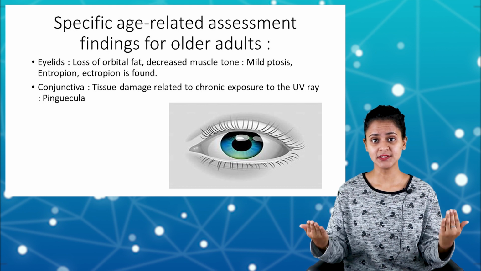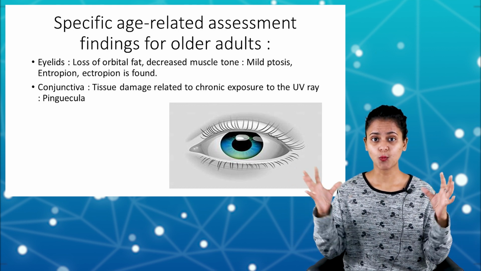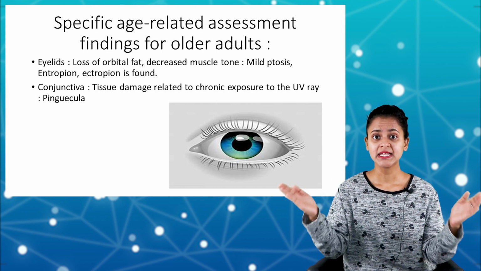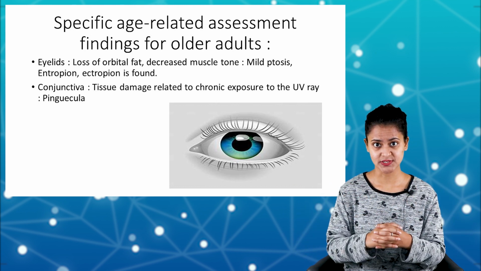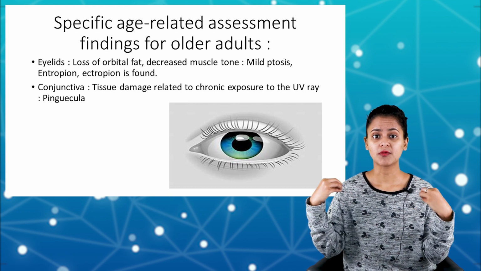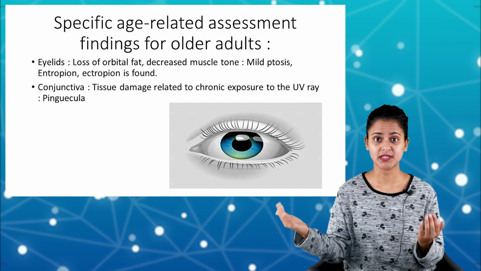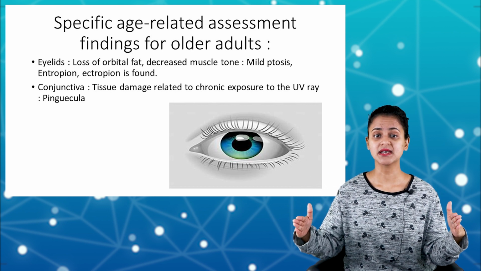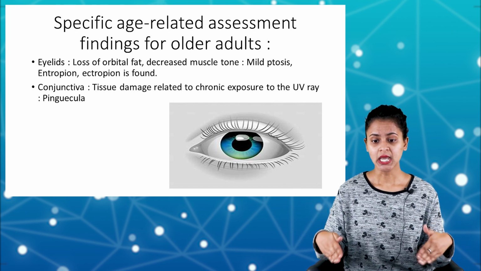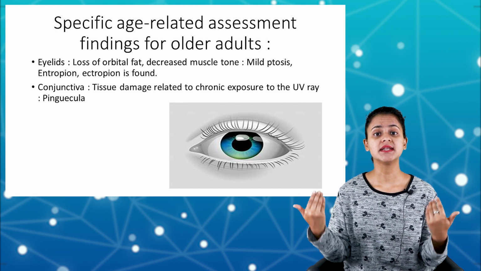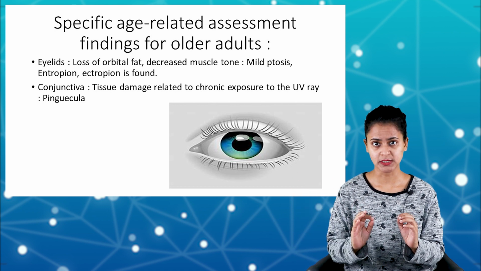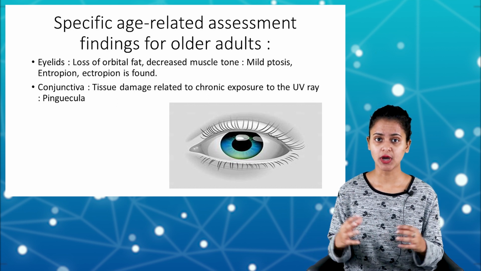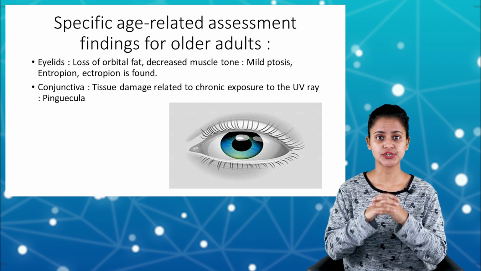It is considered physiological, but once it is affecting the normal visual system, then it can be considered a sign or an indication that the person is suffering from a certain disease. Until it is causing some disturbance in the body, we are going to see mild ptosis. Entropion and ectropion are very common features found among old age people.